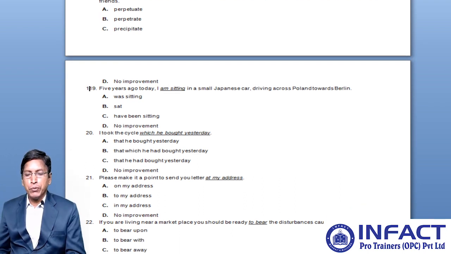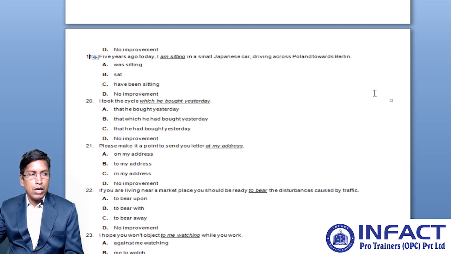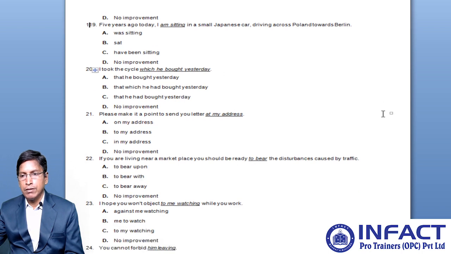Question number 22. If you are living near a marketplace, you should be ready to bear the disturbances caused by traffic. So what should come in the place of to bear? Is it to bear upon, or to bear with, or to bear away, or no improvement is required?